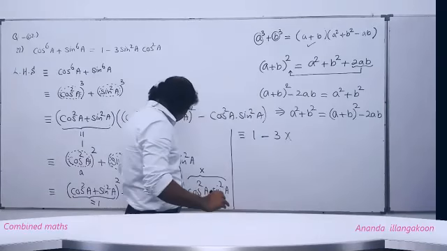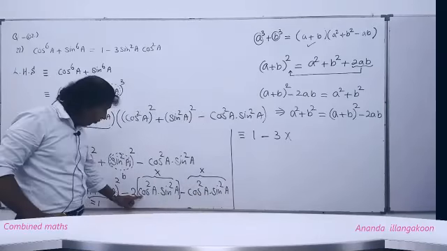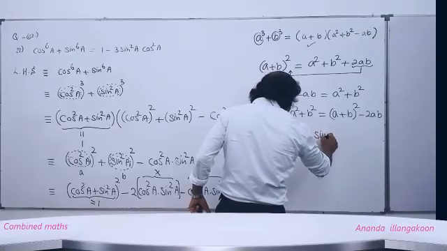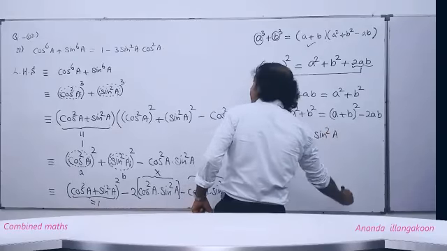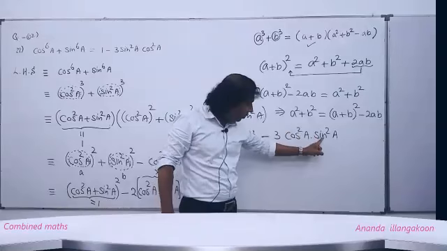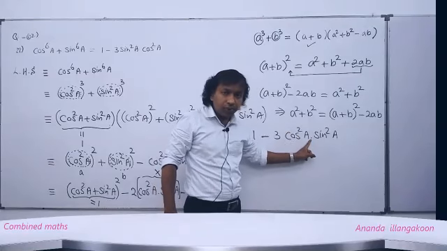But really, what is x? This, no? Cos square d into sin square d. Correct, no, people? So here we have sin square d into cos square d. That means you can interchange. Between this cos square d and sin square d, people, we have a product, no?